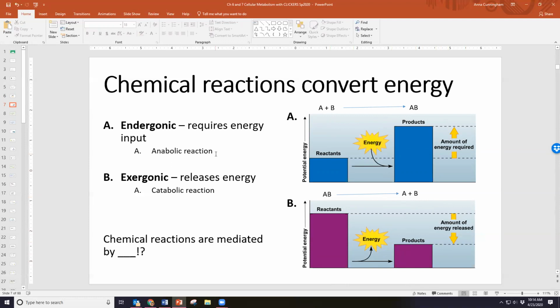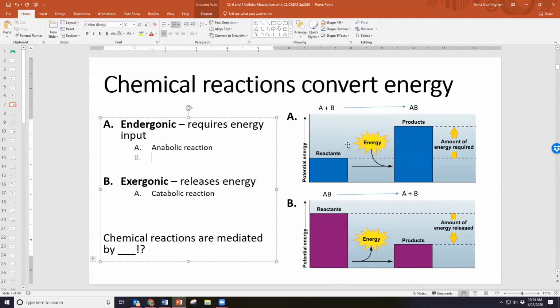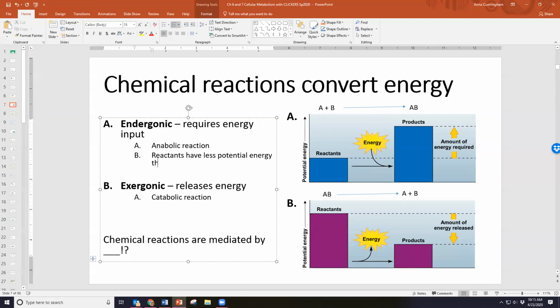So what this means is that in an endergonic reaction, the reactants have less potential energy than the products. Oh my gosh, I'm sorry you guys, I need a new keyboard. It's on the way.